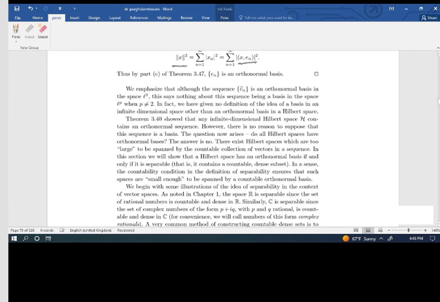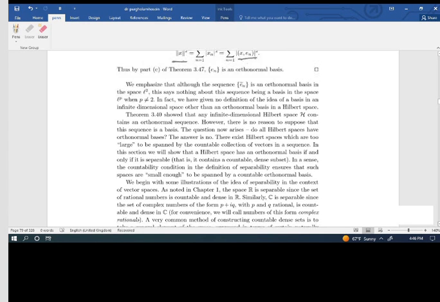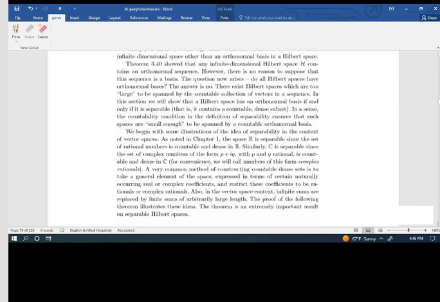We say that a Hilbert space is separable if it can be spanned by a countable collection of vectors in a sequence. This is a separable Hilbert space.